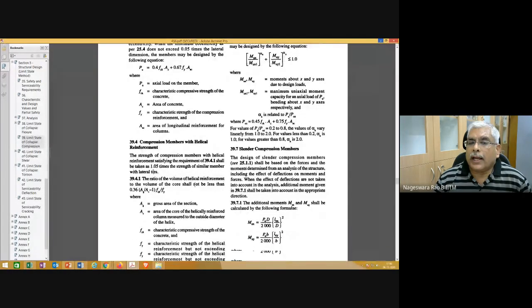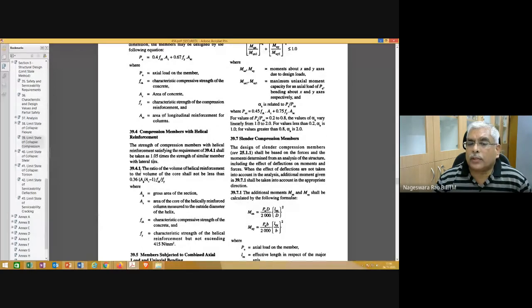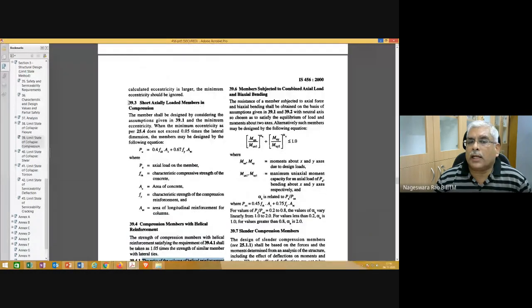And how to provide this helical reinforcement? There is a clause, and we'll go through it in the next class. So we'll limit our study to this portion: short axially loaded members in compression. I'll stop here. Professor Amlan, you want to add something?